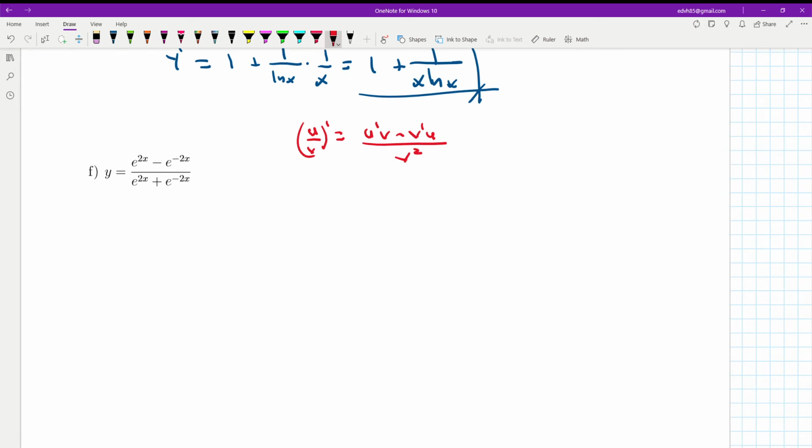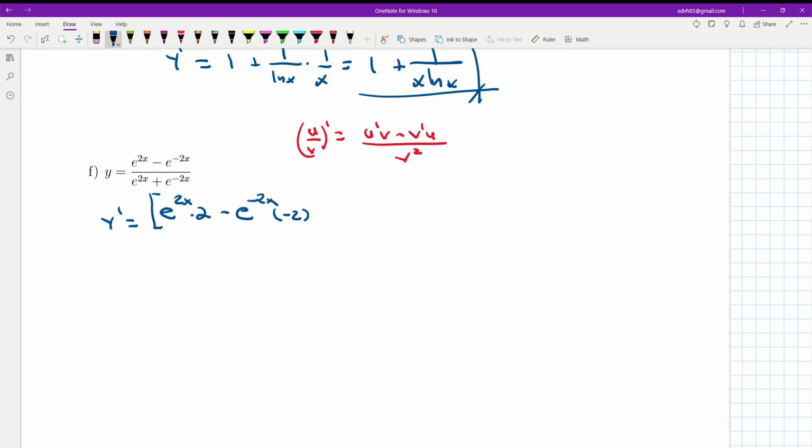So y prime is the derivative of the numerator, which is e to the 2x times its derivative, which is 2, minus e to the negative 2x times its derivative, which is negative 2.